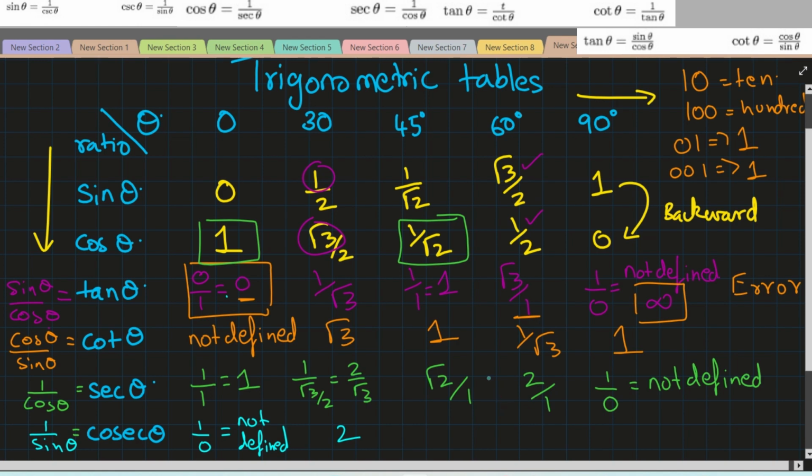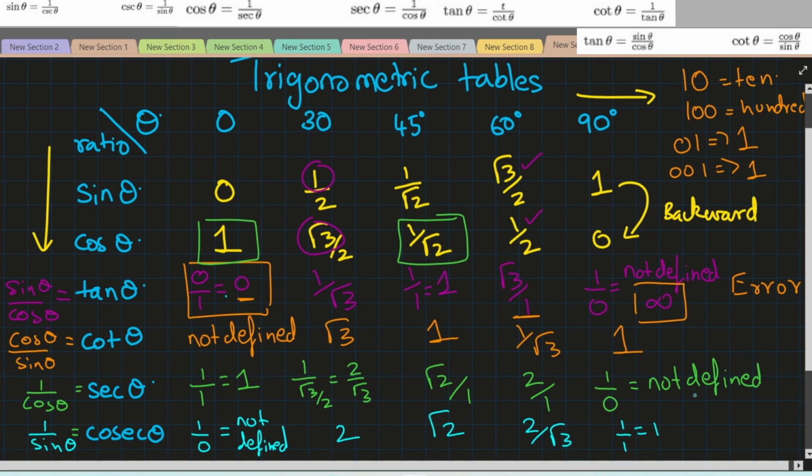Cosec 45 will be the reciprocal of sin theta, that is root 2 upon 1, which will give you root 2. And cosec 60 will be 2 upon root 3. And cosec 90 will be 1 upon 1, which will give you 1. And this is the basic of trigonometric tables.